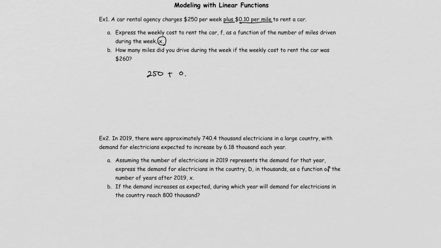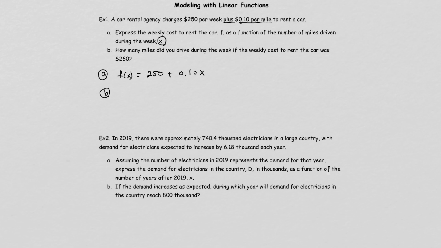So it will be 0.10 times x. Each mile is going to cost 10 cents more. So we use multiplication, and they want the function notation f of x. This is going to be the equation for the given problem.